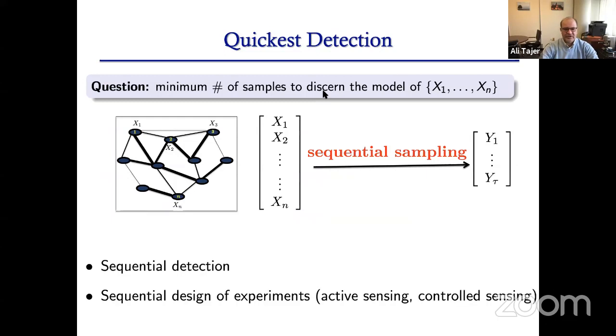So this has two components, which I'll go over separately. One is the notion of sequential detection, and the other one is the sequential design of experiments. So in other contexts, you could encounter the same concept under the names active sensing or controlled sensing. All of them refer to the same thing.